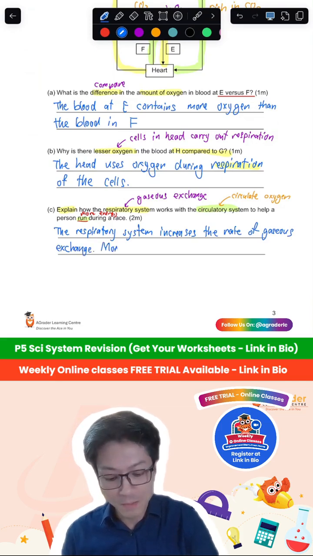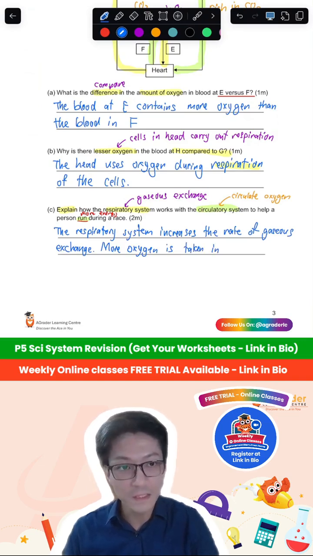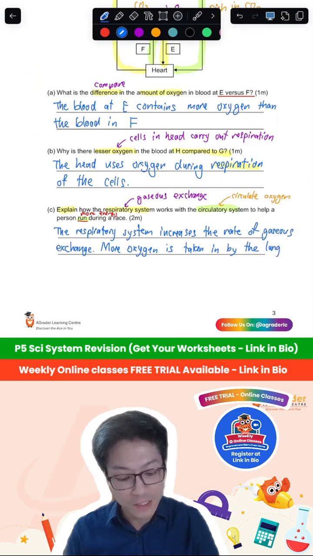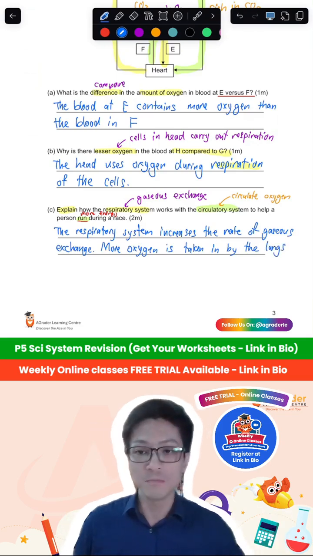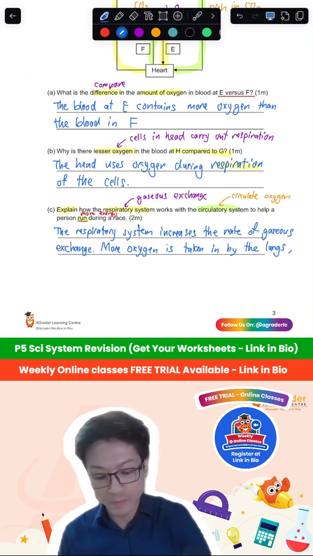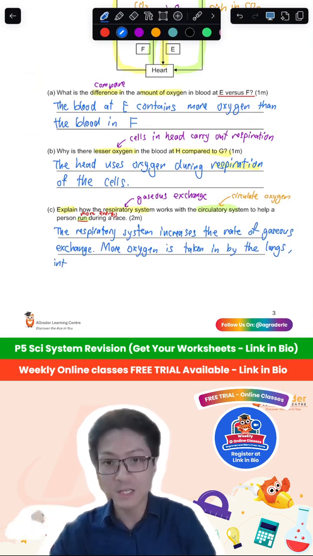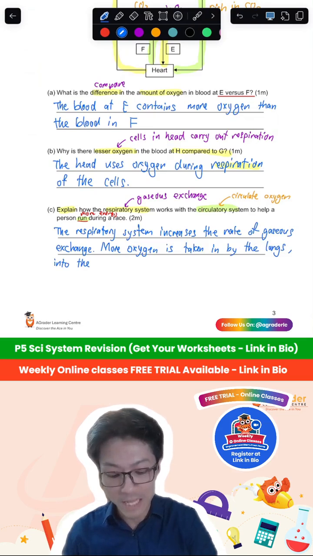Right, so more oxygen is taken in by the lungs. Okay, so the lungs refers to the respiratory system, shows that you're talking about the respiratory system, right? Okay, but make sure you say the oxygen is taken into the bloodstream.